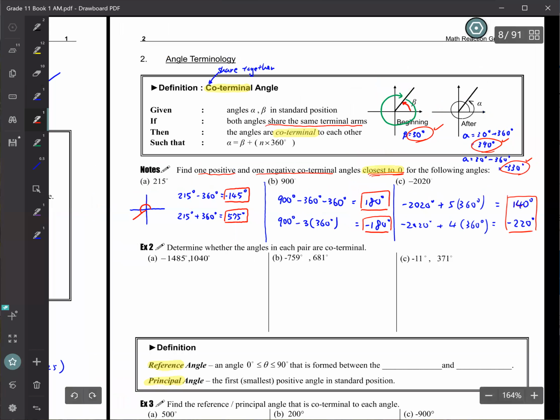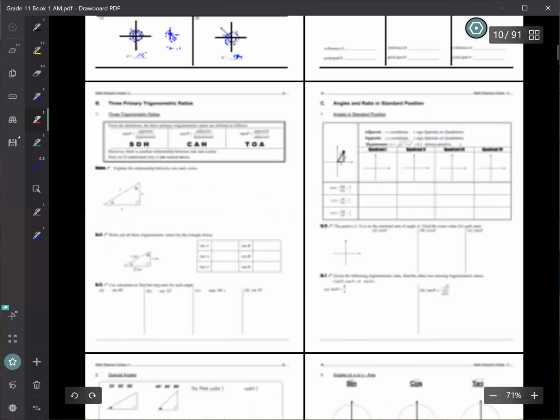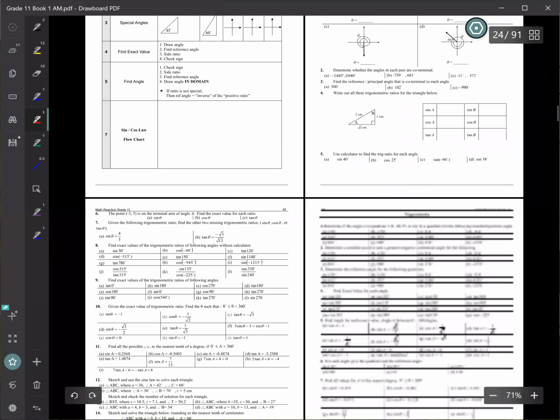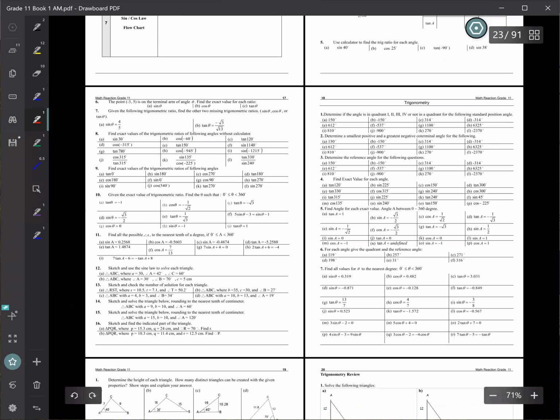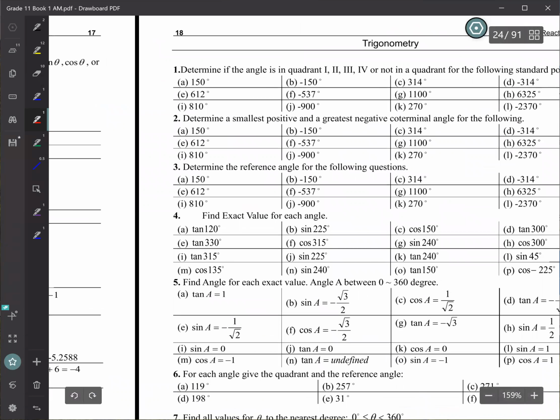So if you look at the homework, we're not done yet, I'm just saying what it will look like. Over here, question 2: determine the smallest, and smallest means closest to 0, smallest positive and greatest negative.